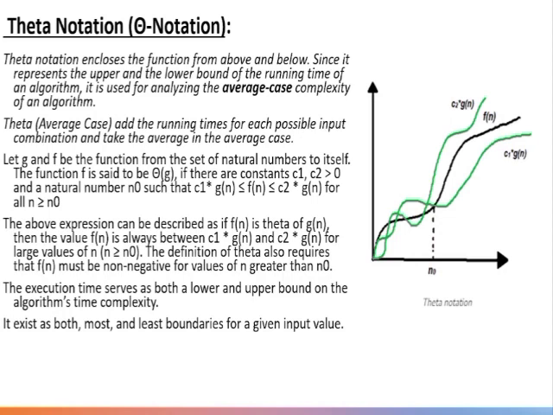The definition of theta also requires that f of n must be non-negative for values of n greater than n0. The execution time serves as both a lower and upper bound on the algorithm's complexity. It exists as both most and least boundaries for a given input value.